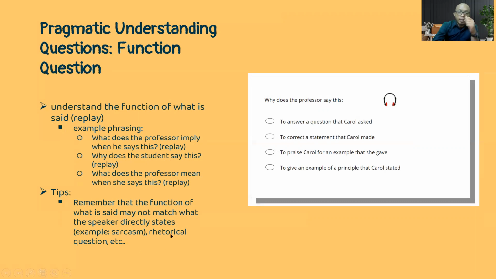And there's also something like a rhetorical question, when a professor asks a student a question but not exactly wanting an answer. Sometimes professors ask a question to introduce the next topic that he or she wants to explain. So be careful with that kind of tricky, misleading use of language.